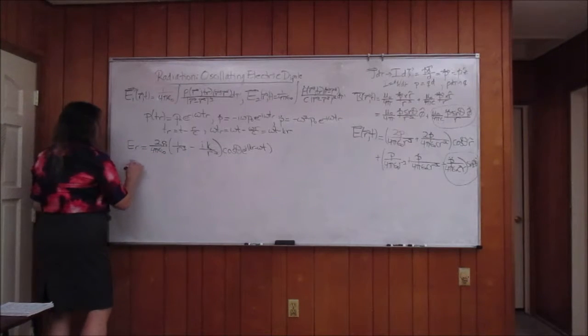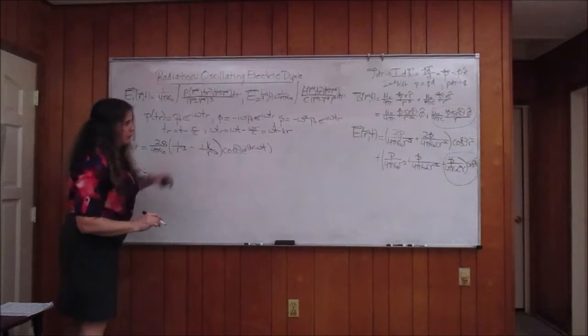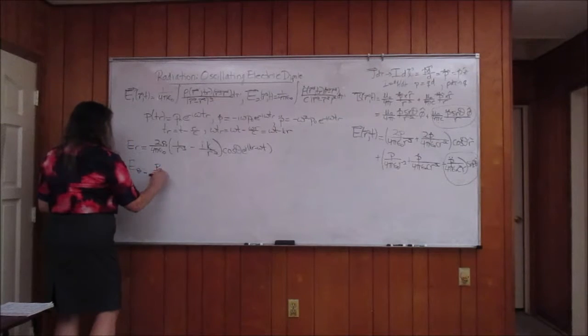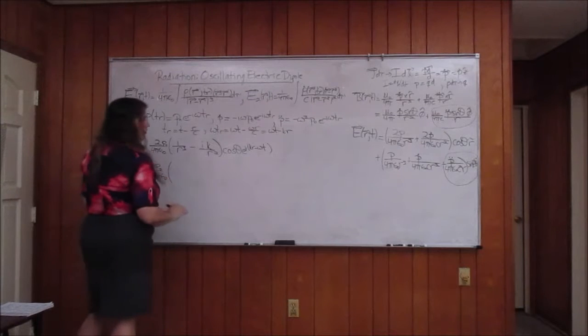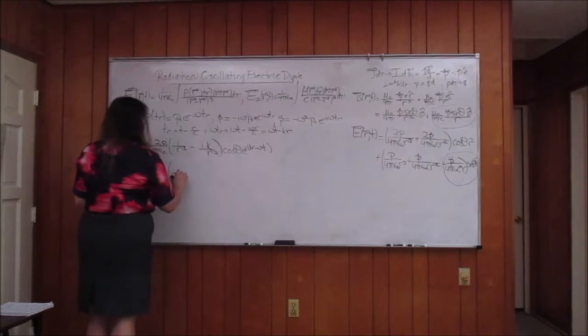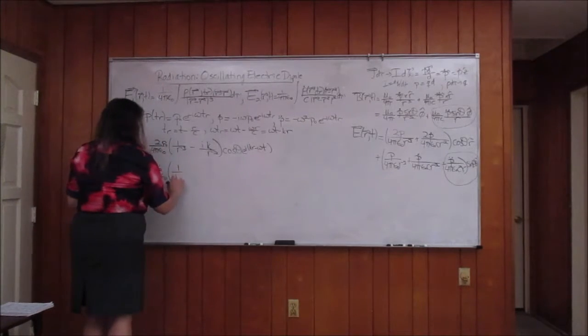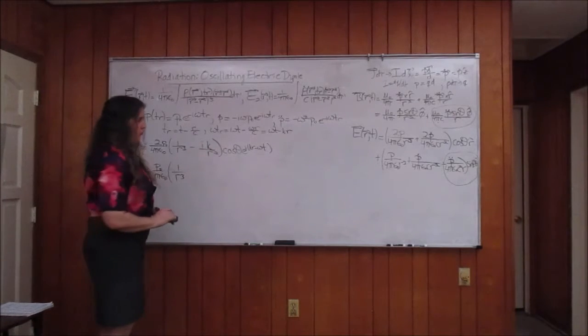And now for the theta direction, I'll factor out p naught over 4 pi epsilon naught. I've got a 1 over r cubed term.